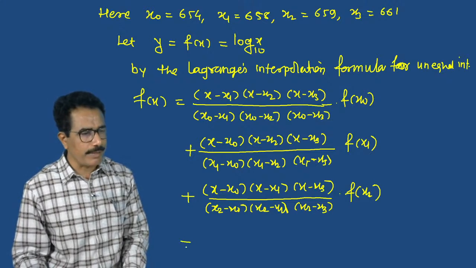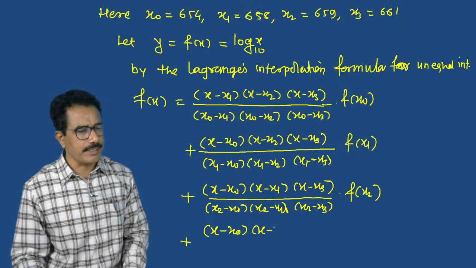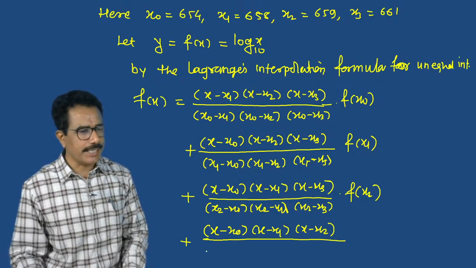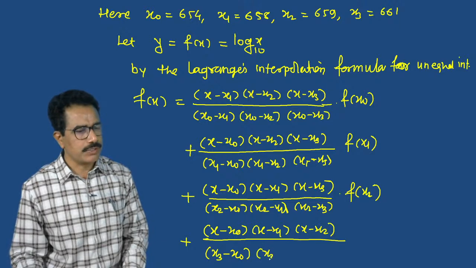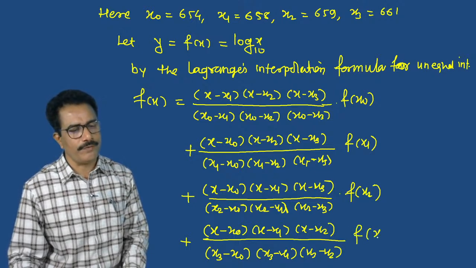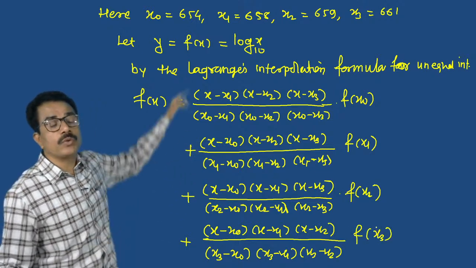And the last term is x minus x0, x minus x1, x minus x2 divide by x3 minus x0, x3 minus x1, x3 minus x2 into f of x3. Only we have to write these terms.